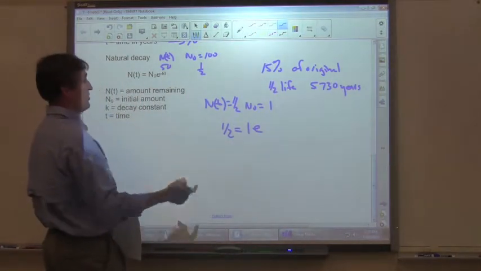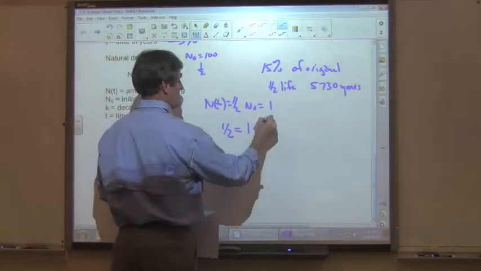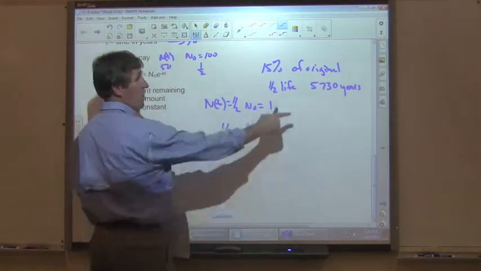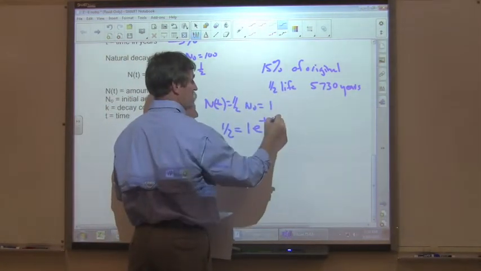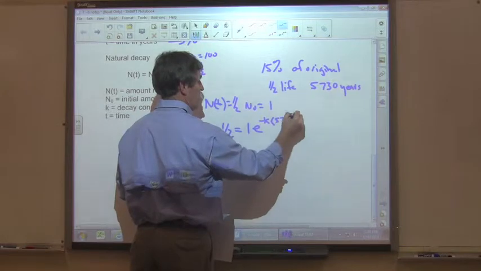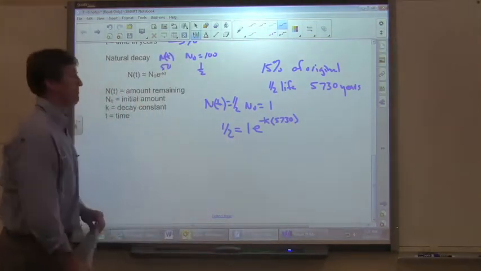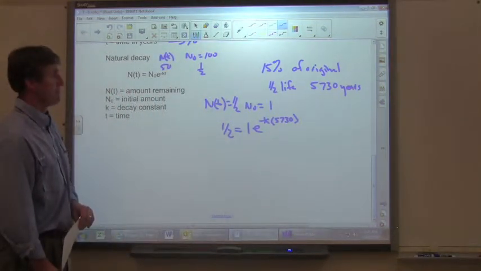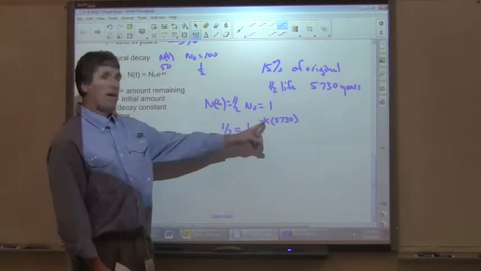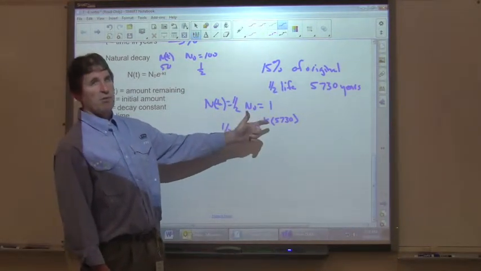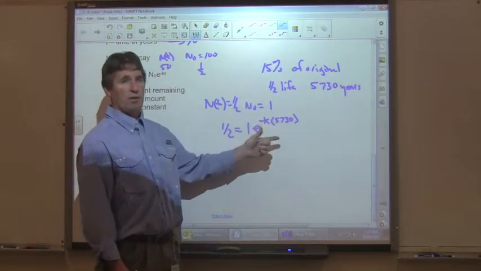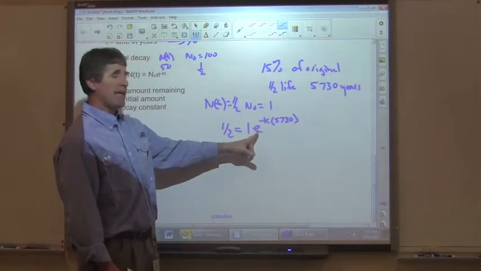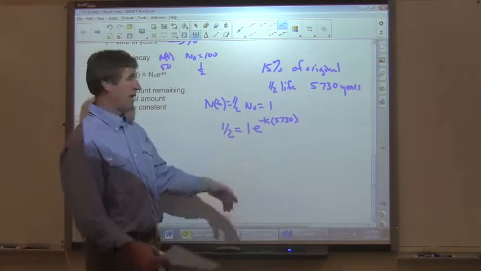negative k, and we don't know this k, that decay constant, so that's what we have to find out first. We do know how long the half-life is, 5,730 years. Now remember, our variable is in the exponent. When the variable is in the exponent, we have to use logarithms. Since it's base e, we're going to use ln.